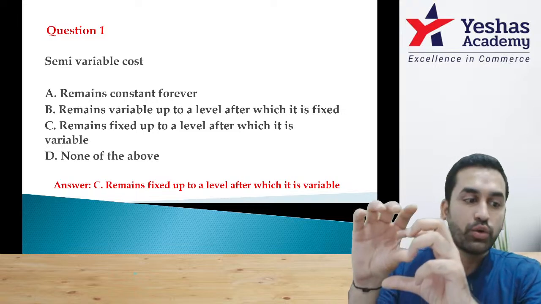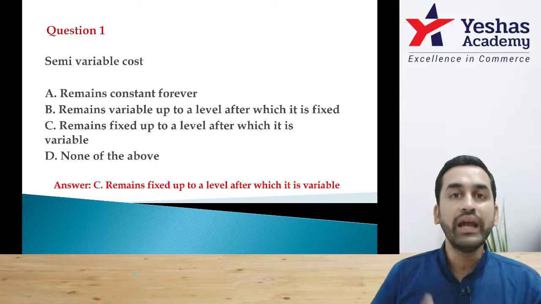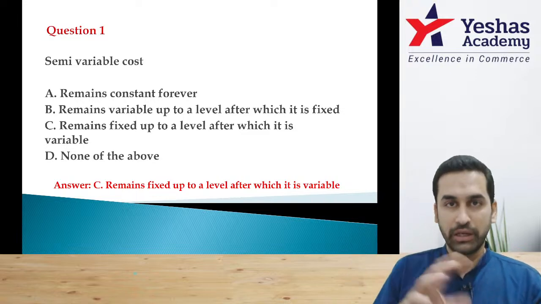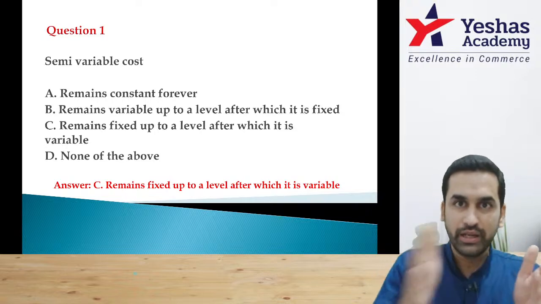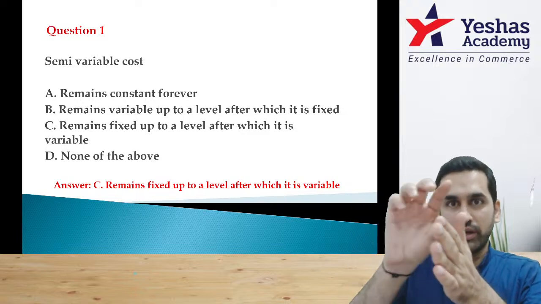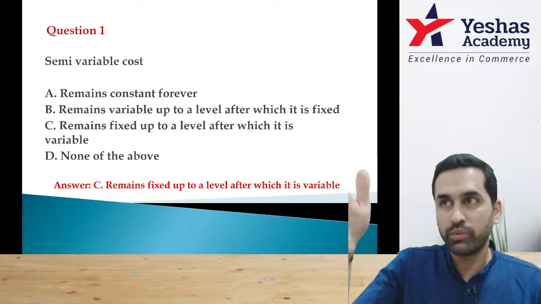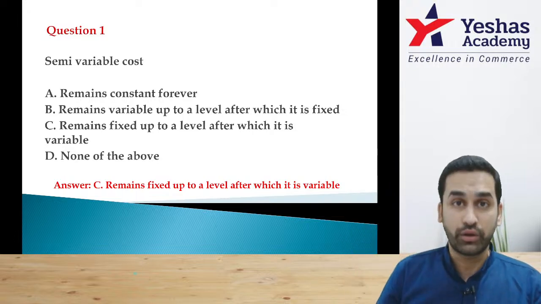From 100 to 101, it is another 10,000. Visualize a graph in front of you. 0 to 50, there is one cost. 51 to 100, there is another cost. 101 to 150, there is another cost. This is the nature of step-ladder cost.